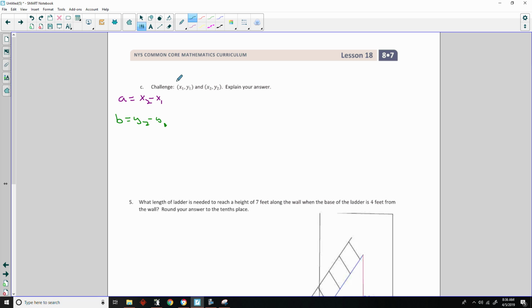So if I were to do this, I would say, well, the Pythagorean theorem says a squared plus b squared equals c squared. So I take a, which is x sub 2 minus x sub 1, and square it. And add b squared, which is y sub 2 minus y sub 1, and square it. And that's going to equal my c squared.